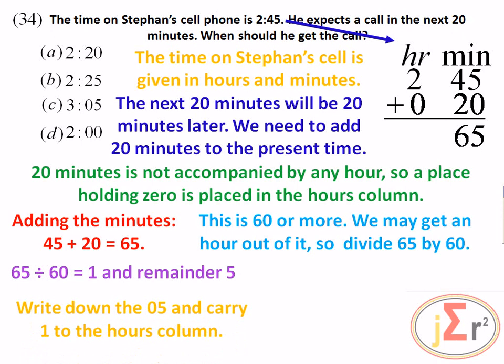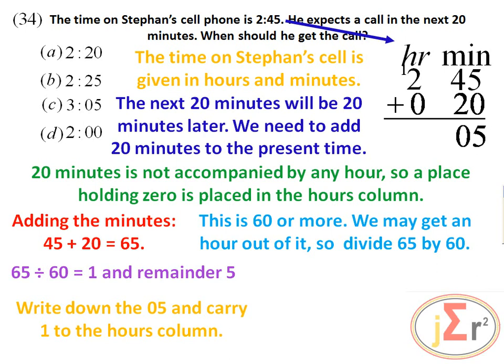So we have 1 hour and 5 minutes. Right. So the 1, which is the quotient, will go in the hours column, and then the remainder will be placed in the minutes column.